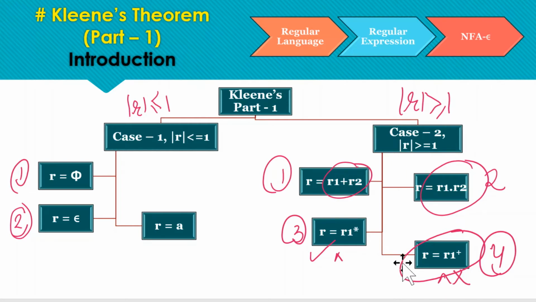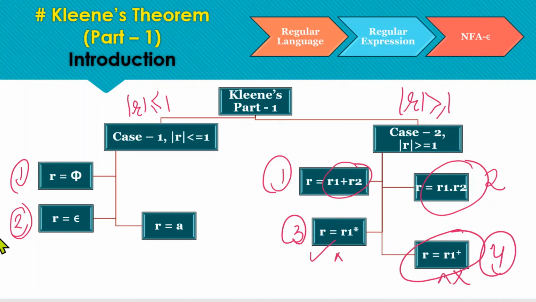The rest is the same for the third and fourth identity: here we have zero or more occurrences of the expression, and there one or more occurrences. All other operations are the same for identities 3 and 4, except null.